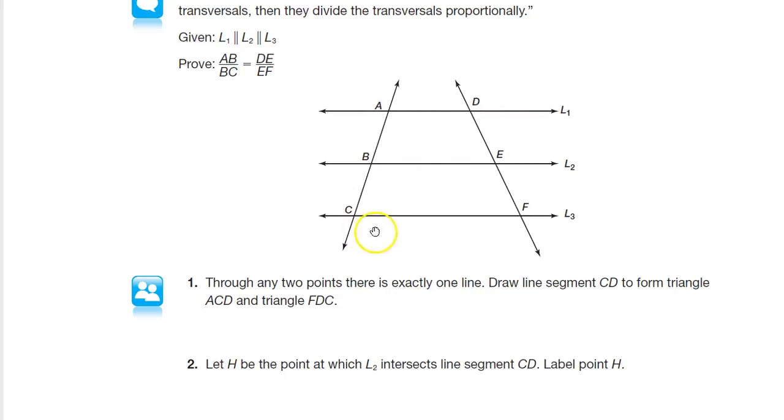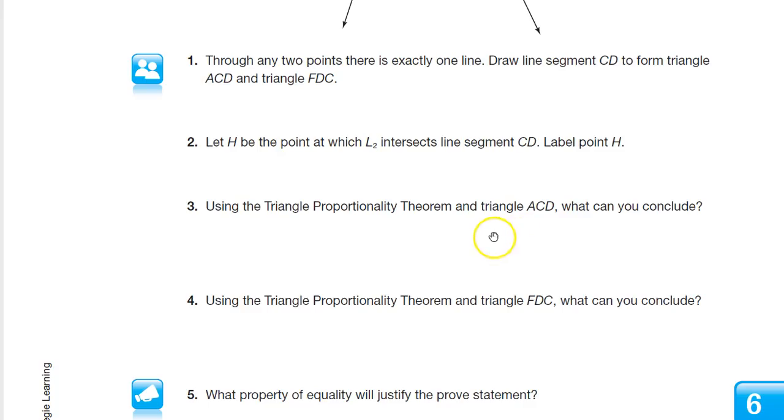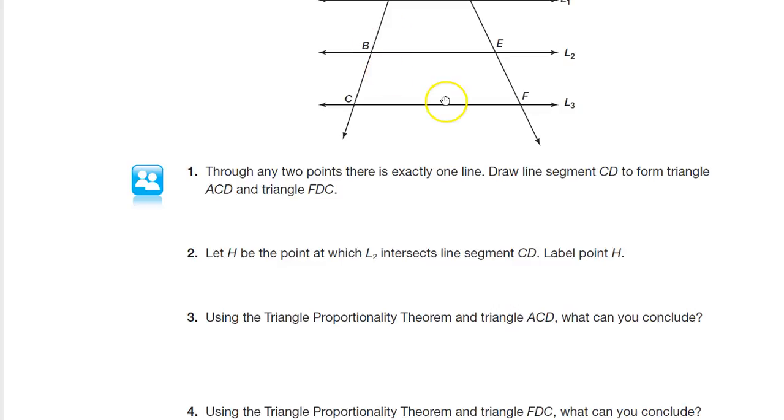You're going to end up with some triangles here, because lines 1, 2, and 3 are all parallel. Using that same theorem, you're going to be able to figure out that the sides are proportional.